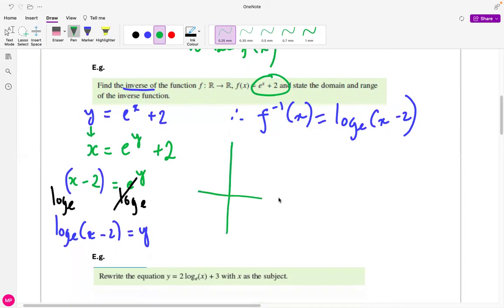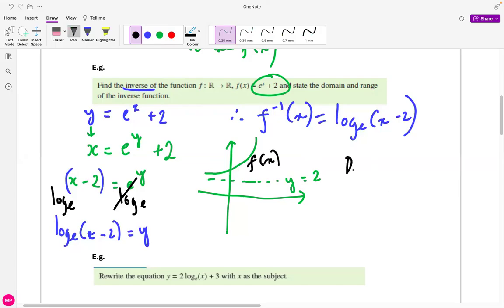If I sketch f of x, you can see there's the asymptote here at y equals 2, and there's no reflection, so I know my shape will look like this. So this is f of x here.